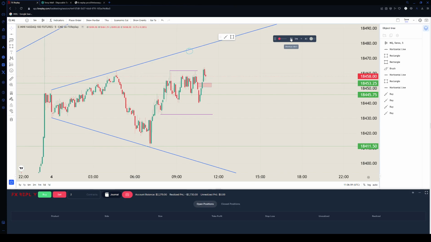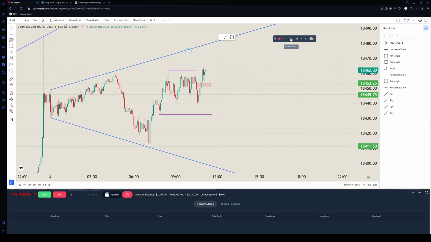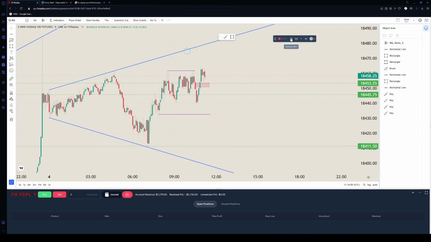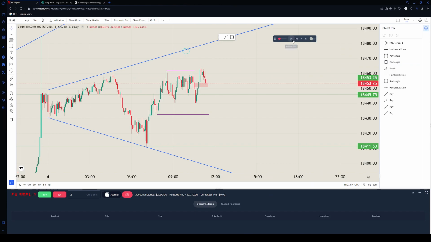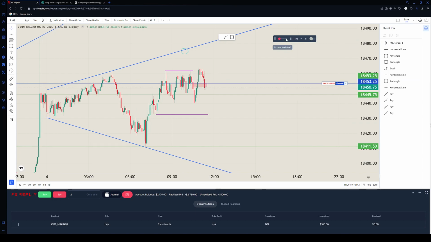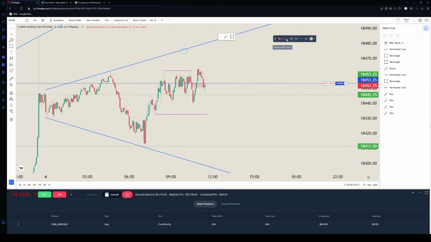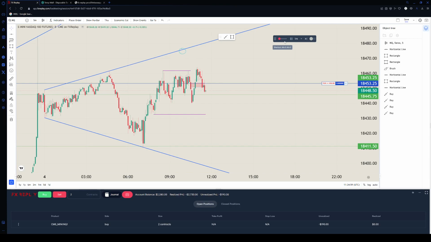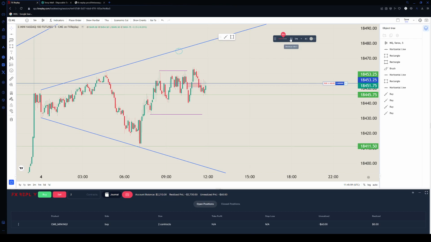Let's see, retrace. I want to see a tap of 953. There's the tap. Let's just experiment here. No. Zoom in a bit.